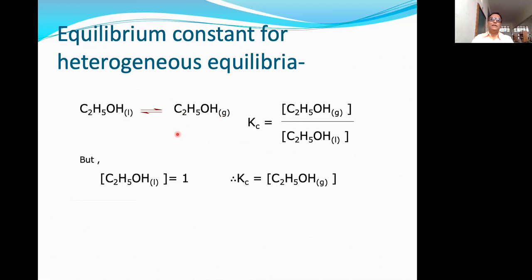For this, you can write the expression for Kc as Kc is equal to concentration of C2H5OH gaseous divided by concentration of C2H5OH liquid. But the concentration of C2H5OH liquid is equal to 1. So what remains? You can write simply Kc is equal to concentration of C2H5OH gaseous. So this is the equilibrium constant for this heterogeneous equilibrium.